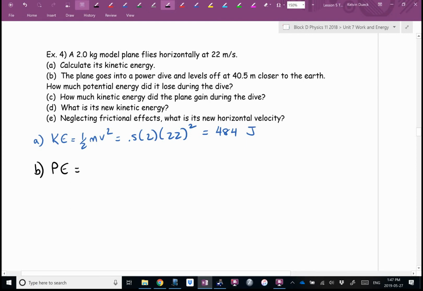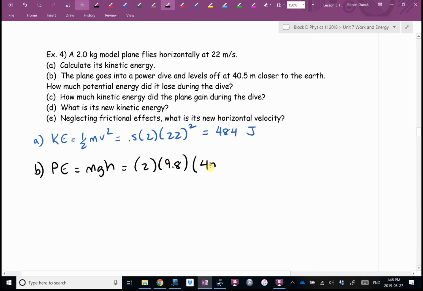By the way, if you stop looking at your notes for the formulas, get in the habit of looking at the green sheet. Train your eyes subconsciously where to look. It works. How do we find potential energy? So PE equals? What's the mass? 2. What's G? 9.8.